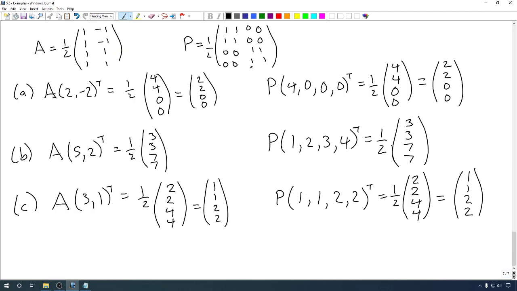A's up here. We can actually find a linear combination of the columns of A to make this vector. Actually, what would we do?